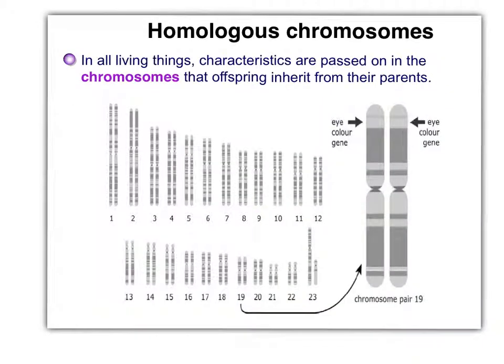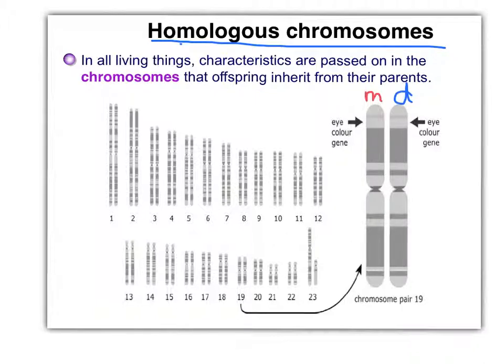So if we have a look at homologous chromosomes, remember I said that there are 23 chromosomes in a human cell. One of those chromosomes comes from mum, and one of those chromosomes comes from dad. We call them homologous chromosomes, because you can see each pair are similar.